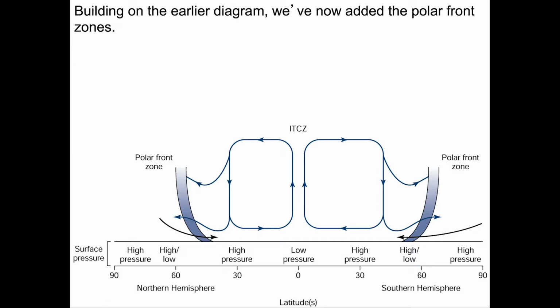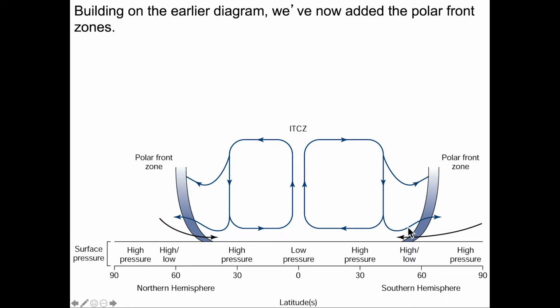Now, building on those other diagrams, we're now going to add the polar front. So we have the Hadley cells here, we have Ferrel cells here, and the polar front zone located here. So again, rising air here, low pressure at the surface, diverging here, subsiding here, hitting the Earth's surface or getting close to it, and then spreading out again, diverging.